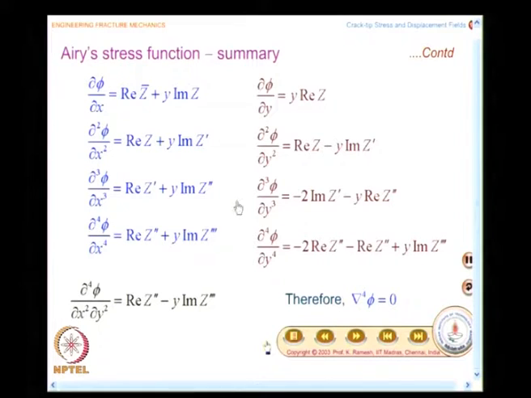And what we looked at was, when you substitute these appropriately in the biharmonic equation, it is satisfied. So, we have made sure that we are working with a stress function which is a valid candidate for solution.